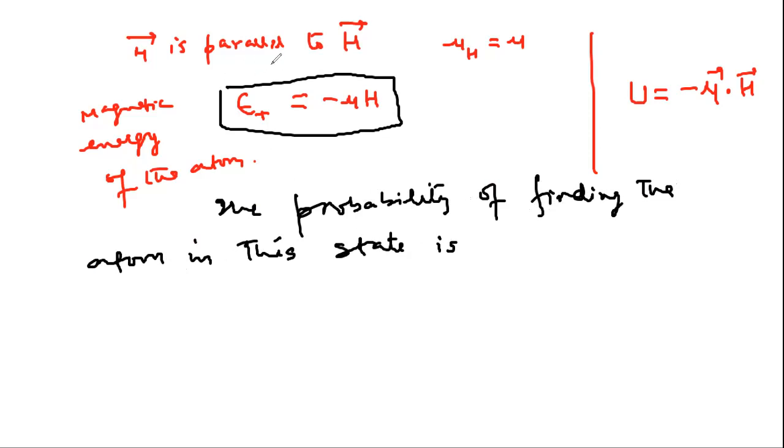The spin up state or plus state, when mu is parallel to H. Since we are using the canonical distribution, we have defined a canonical ensemble.